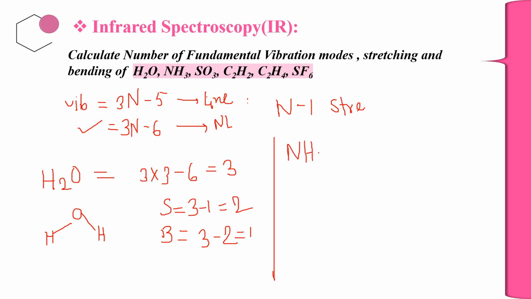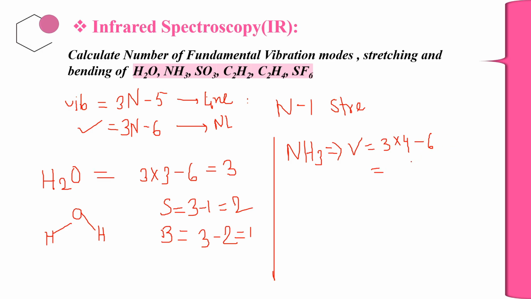Similarly, now we are talking about NH3. As we know, this is also a non-linear molecule, and here the number of atoms is 4, that means n is 4. So the total vibrational modes are 3 into 4 minus 6, and this 6 is contributed from the translational and rotational motion.